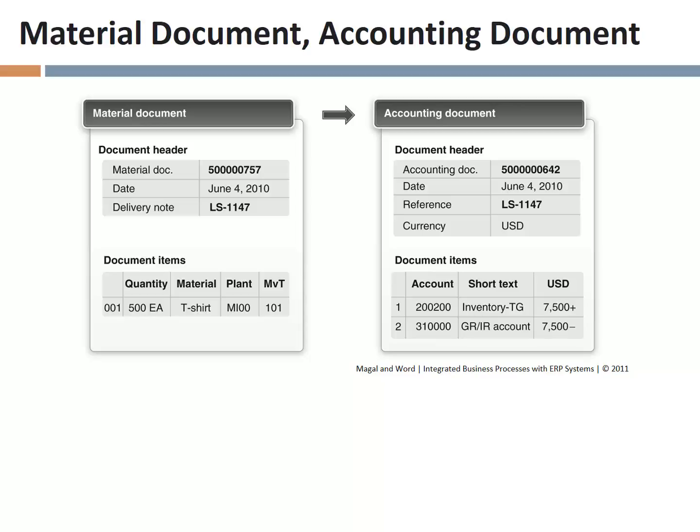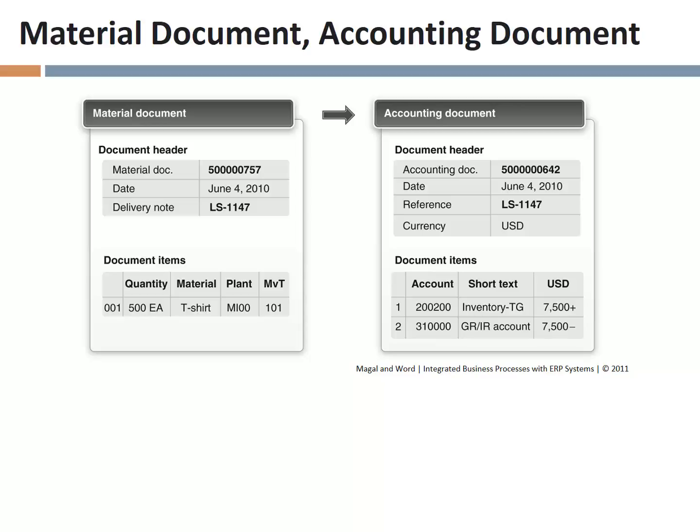So when we generated a goods receipt a moment ago, we may have indicated that we just got in 500 t-shirts. Well, that's going to result in a material document that says on such and such a date into such and such a particular plant and storage location, 500 t-shirts have just come in.